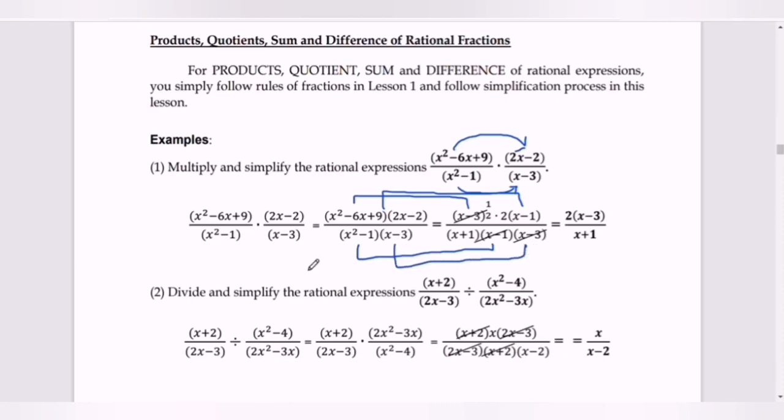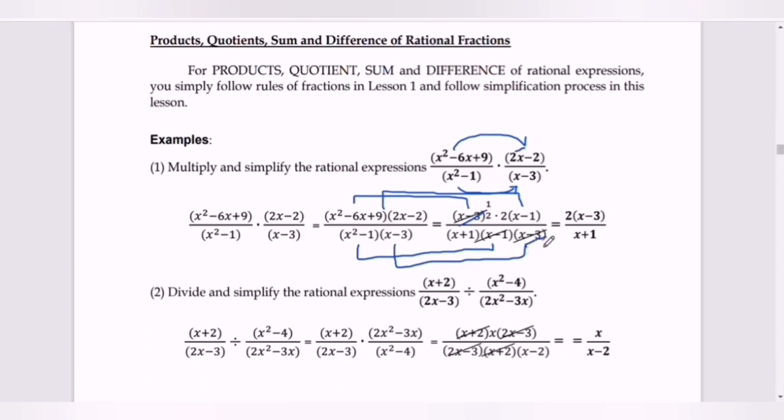So after factoring all the expressions that we had in the given problem, we now need to cancel out the similarities or the like terms from the numerator compared to the denominator. So x minus 3, we have the same terms below, so this will be cancelled.